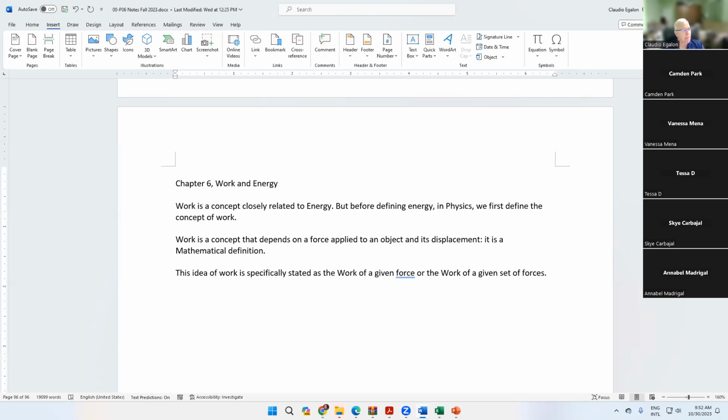And we need this definition of work to elaborate on the concept of energy.